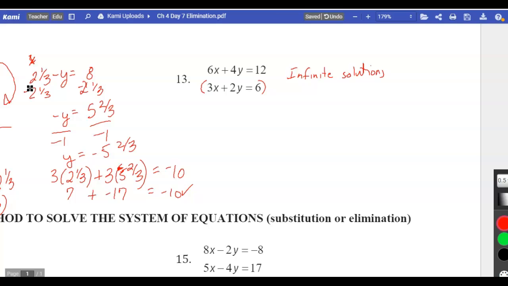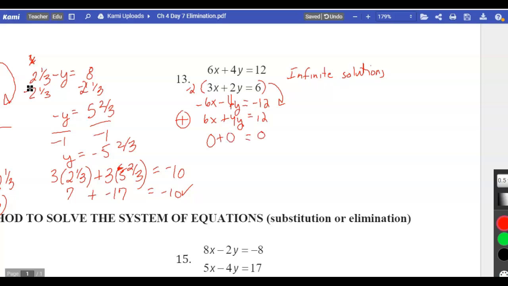But let's say we missed that. So we're going to multiply everything by negative 2. So now the bottom equation is negative 6x minus 4y equals negative 12. So that's this equation rewritten. And then my other equation up top, 6x plus 4y equals 12. So when I add these all together, I just get 0, 0, 0.